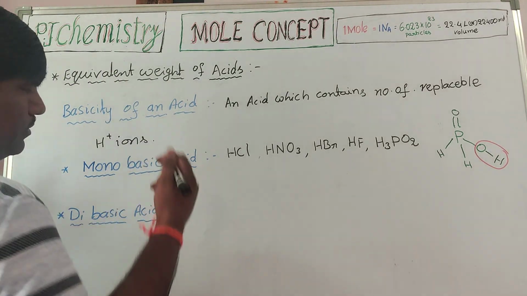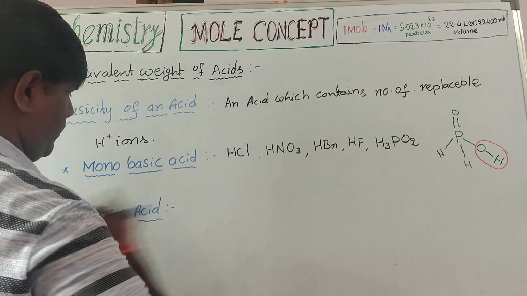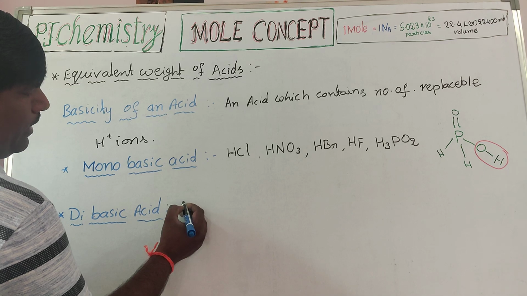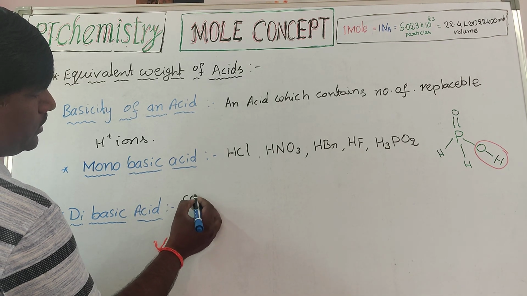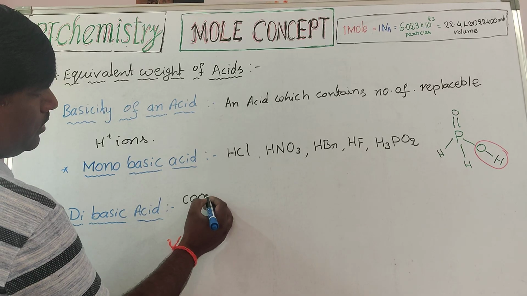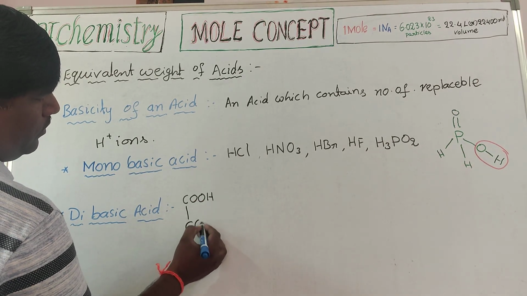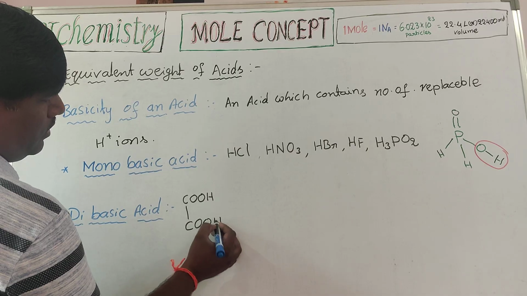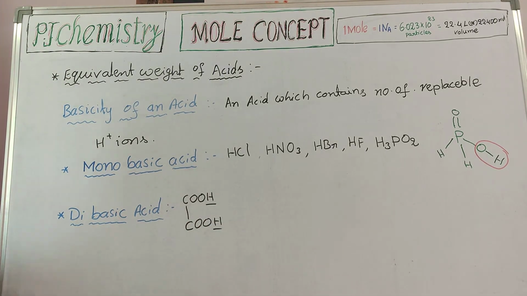For example, COOH, COOH. In this one replaceable hydrogen ion, in this one replaceable hydrogen ion, total two replaceable hydrogen ions are there.